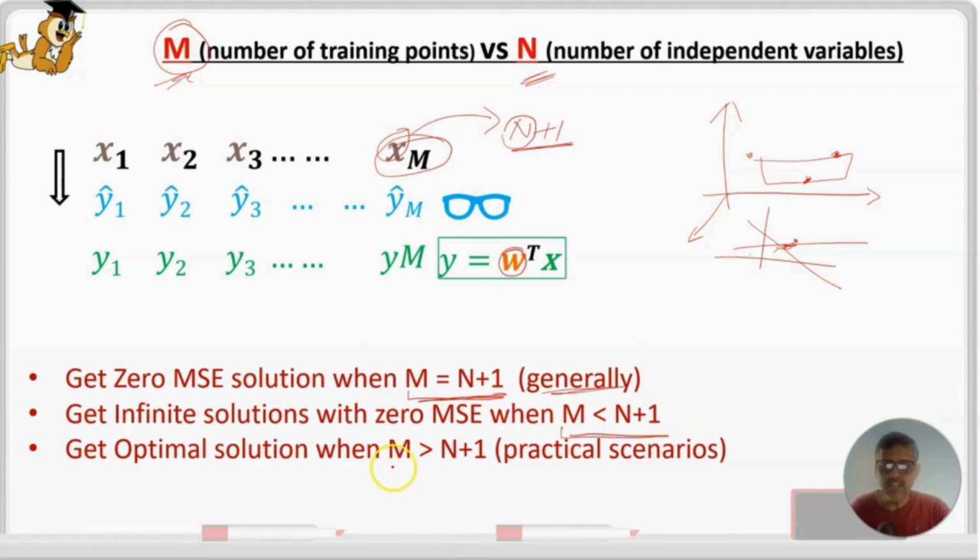And finally, in the most common case, when m is greater than n plus 1, which covers the practical scenarios that we will run into, you look for an optimal solution, because you will not get a solution with zero MSE on your training data, right?